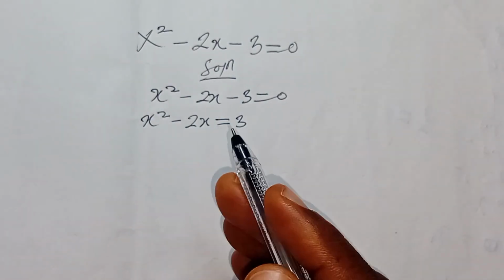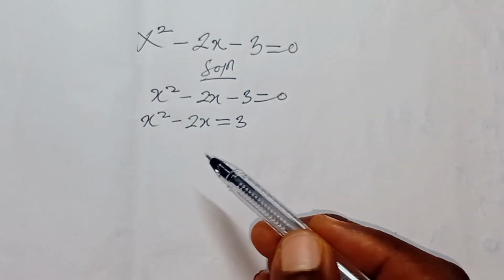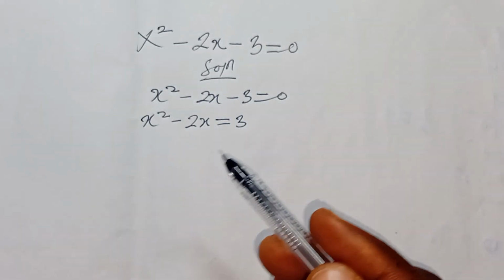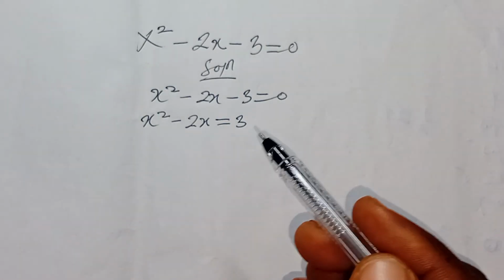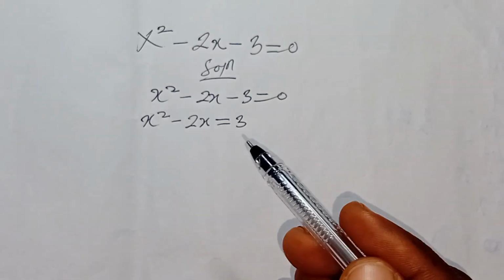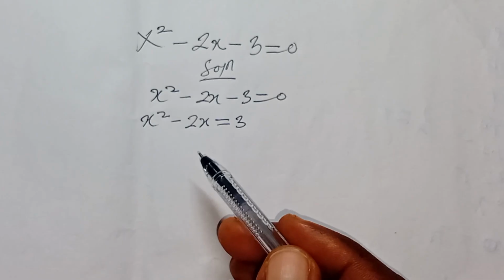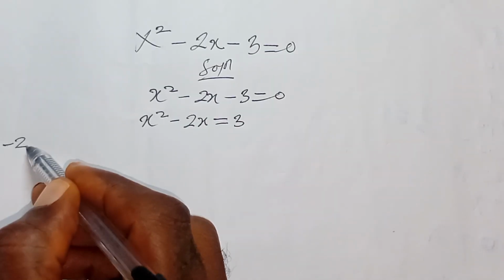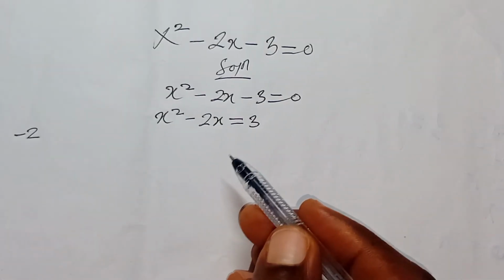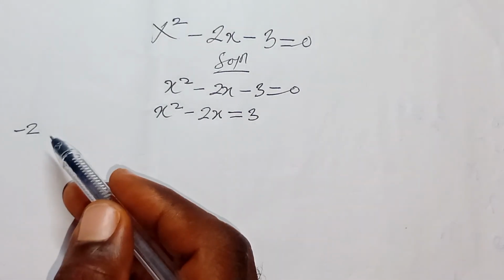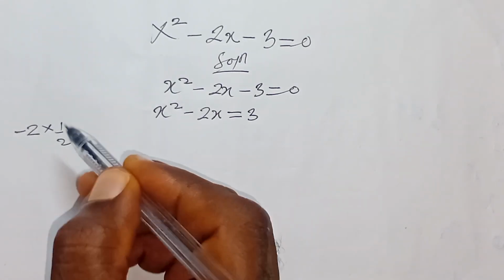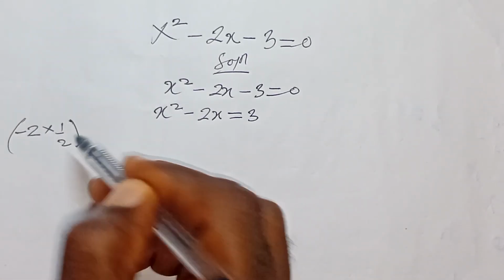The square of half of the coefficient of x to both sides. The square of half means the square of half of the coefficient of what? X. The coefficient of x is minus 2, right? So the square of half means times half, then the square of it.